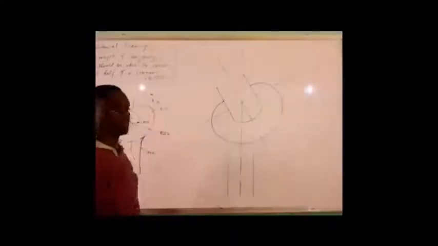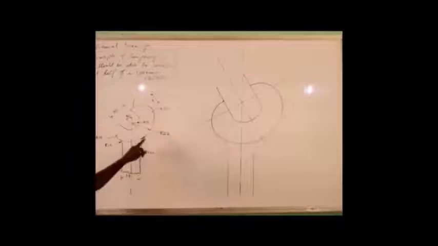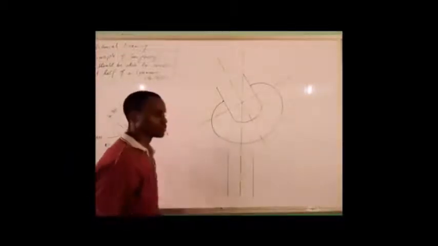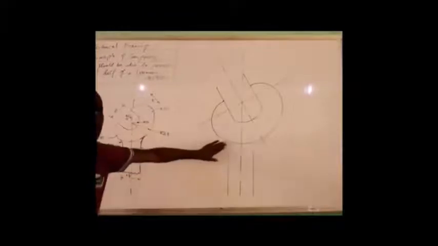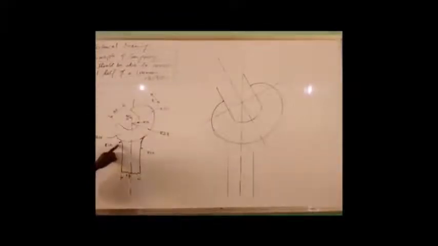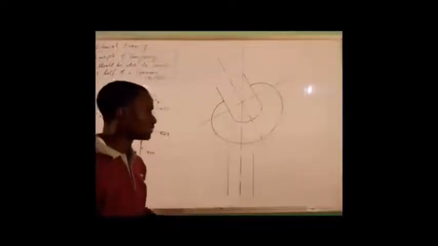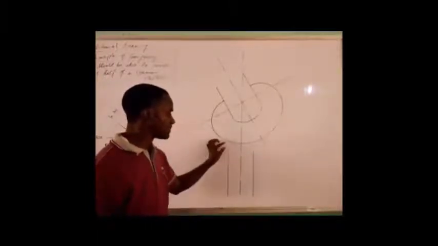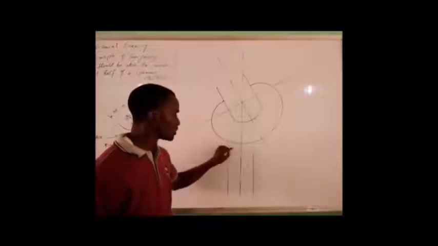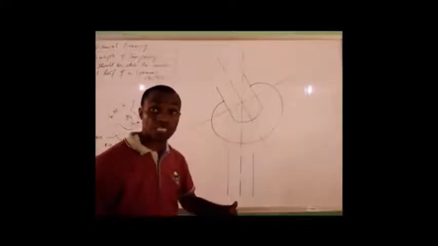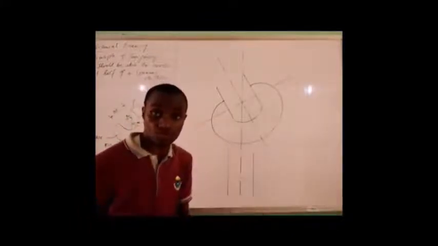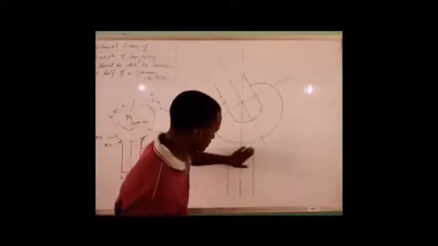Do you see? I stopped somewhere because there's a chord here and there's another chord here. The curve this side will be drawn by using a radius of 10, while the curve this side will be drawn by using a radius of 23. So that means if 10 is smaller, I need to bring this one closer, while this I shift it back small so that I can accommodate the radius 23 on this side.